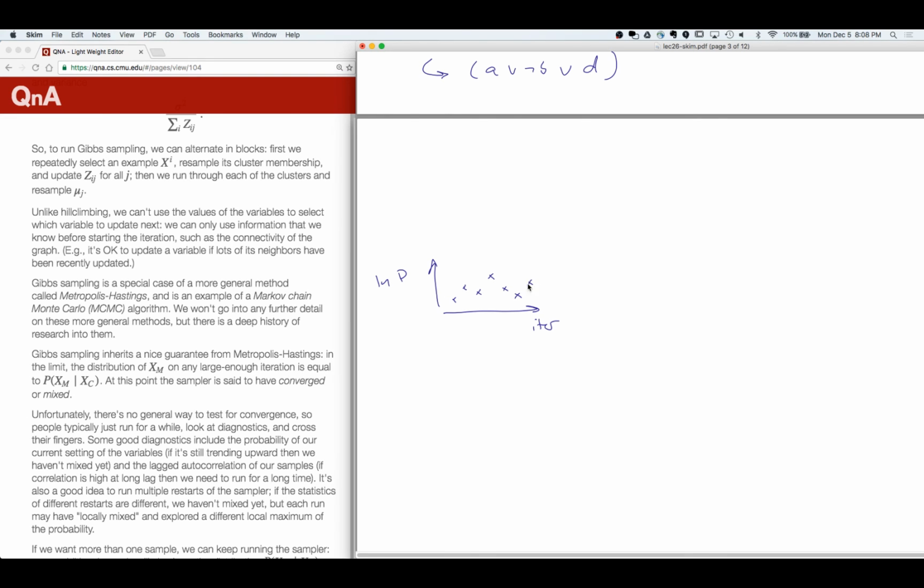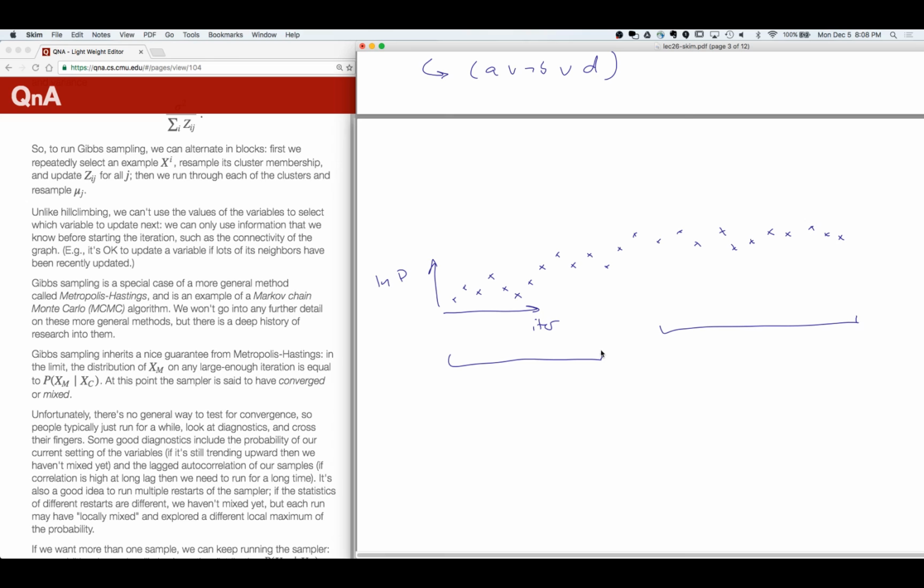It'll generally trend upward, but it'll be random because Gibbs sampling is random, right? And then at some point it will level off, and there will be no trend. At this point, it looks more or less like we've converged, whereas here we clearly have not. Right, so that's one diagnostic.